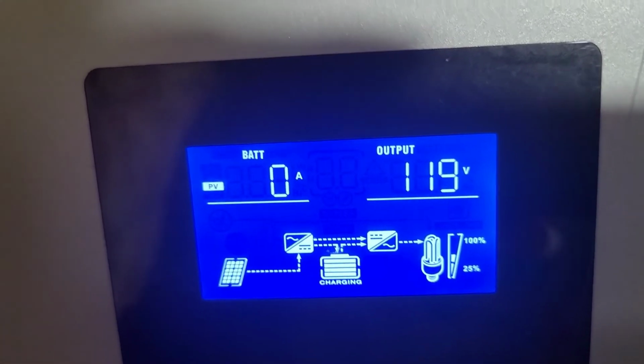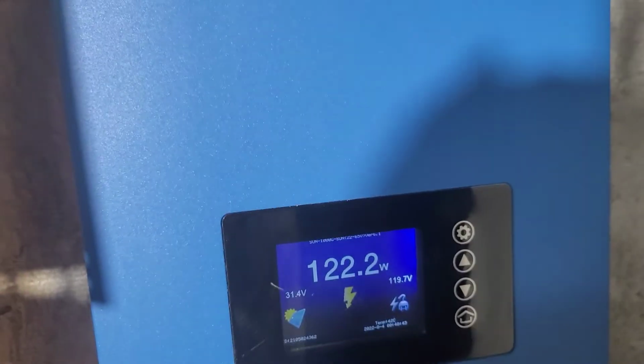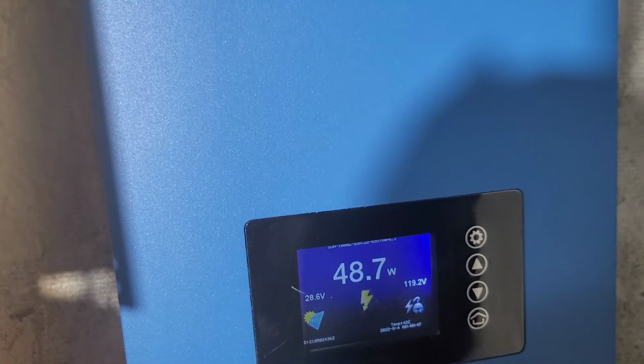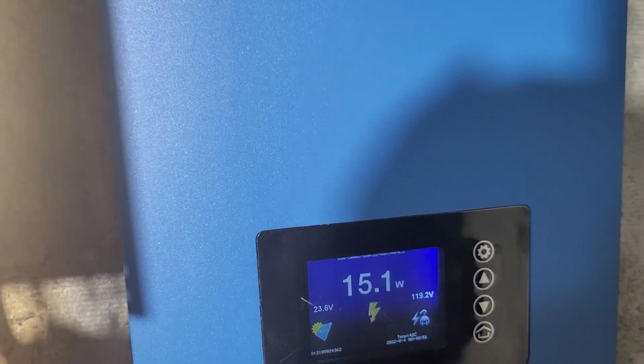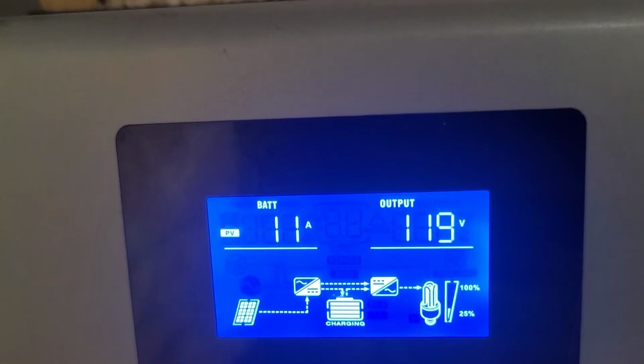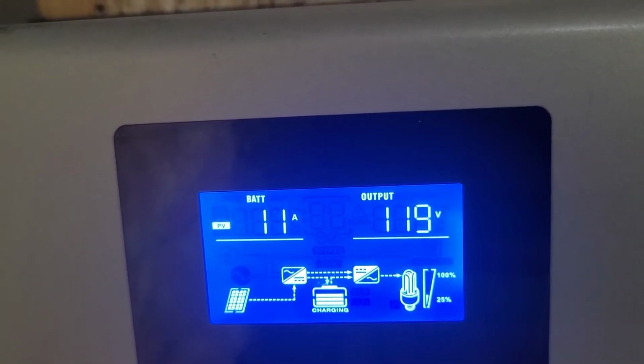Come on now. You should switch over. Oh, I see why you ain't drawing any amps. Let's turn that down. See, both of these have to be off and go to the fresh battery. There's 15. And there it is. There's our 11. Now the battery is in charge mode.